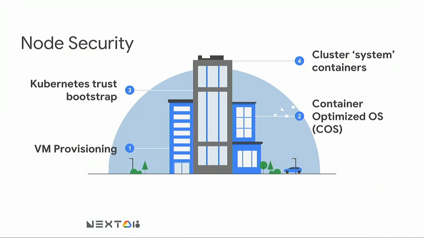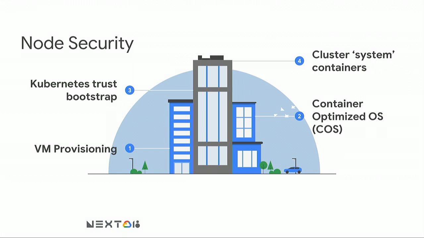Thanks, Aaron. So I'm going to start out the behind-the-scenes tour talking about node security. And I'm going to build this picture up in a few different layers. So we're going to start at the VM provisioning layer. There's been a number of other Google talks in the past about the great security work Google's doing below that layer, things like hardware and firmware security. I'm going to skip that in favor of covering new material and making sure we get to Kubernetes stuff.